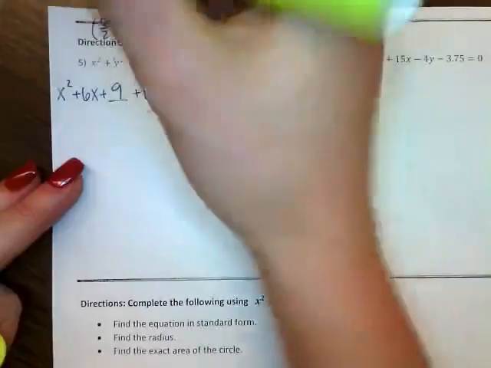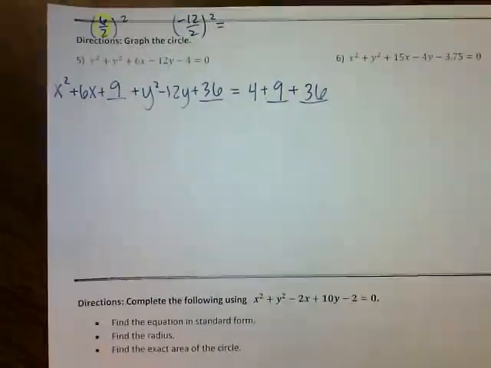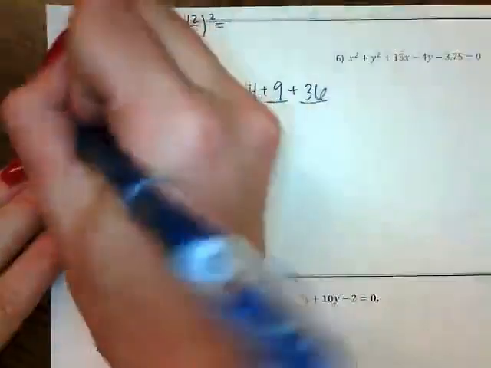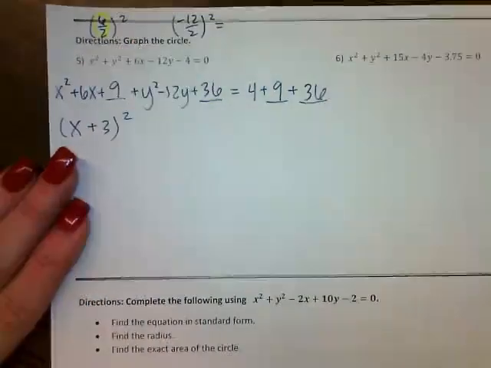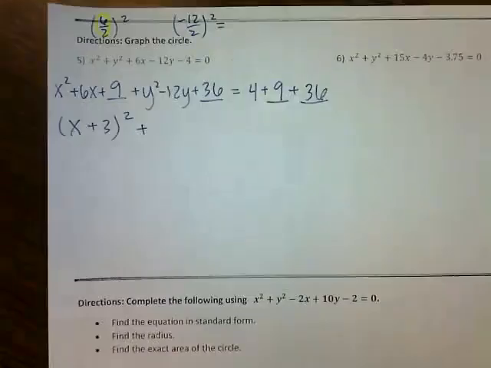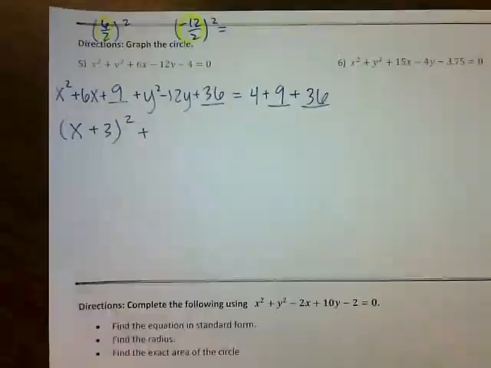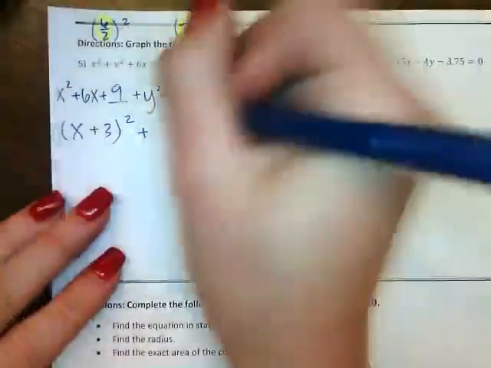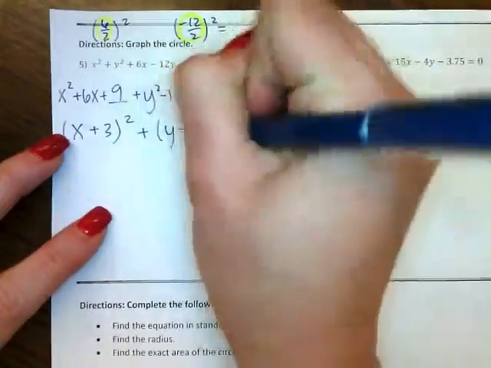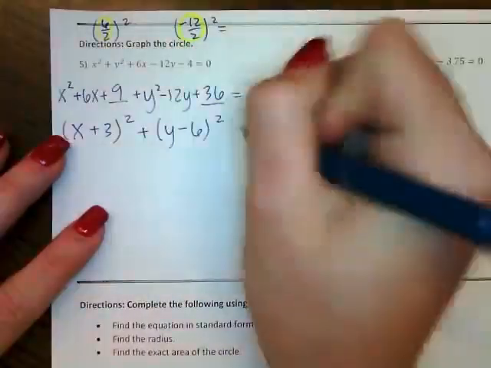Remember, the shortcut to finding the factor is just identifying b divided by 2. So this factor is going to be x plus 3 squared. And this factor, negative 6, so y minus 6 squared.